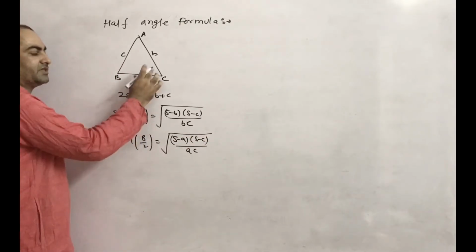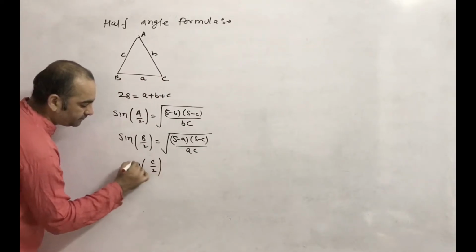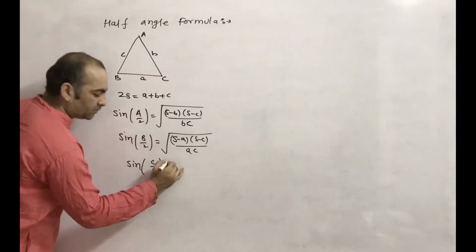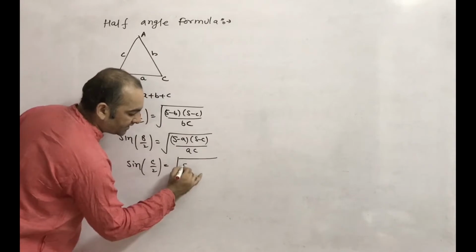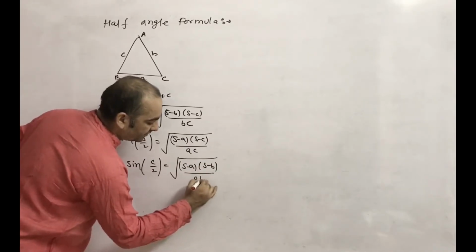And sin C by 2, since angle C is between sides a and b, is root over (s minus a)(s minus b) divided by ab.